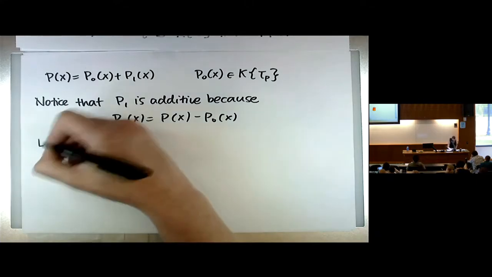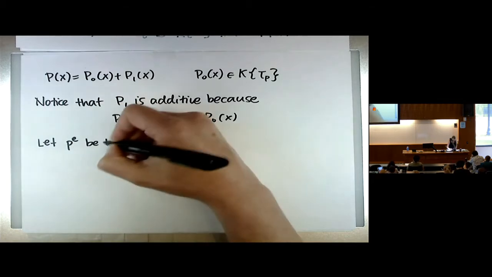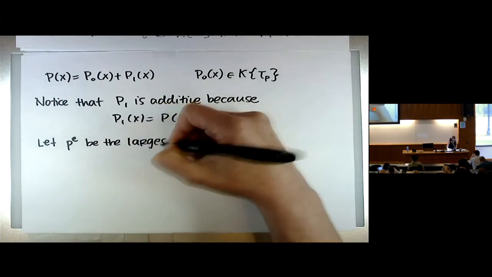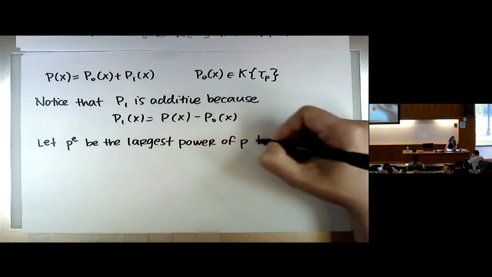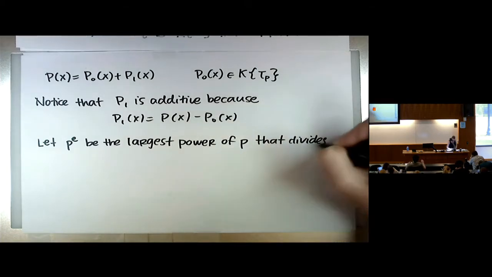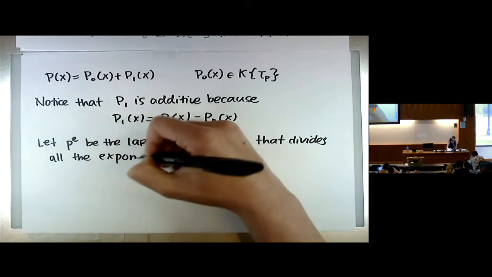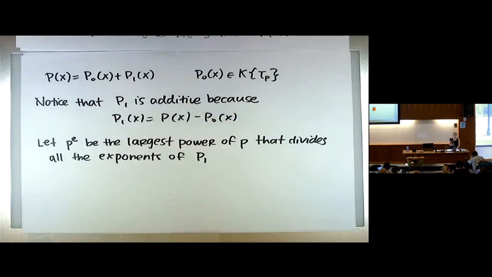So now I'm going to let P to the E be the largest power of P that divides all the exponents of P1, right?